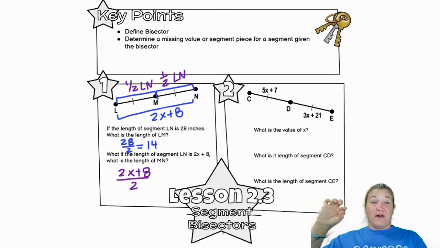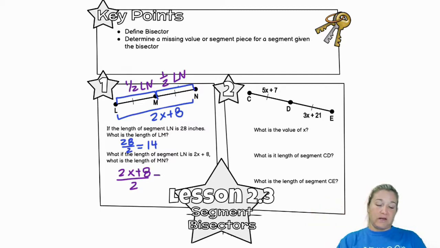That means I'm going to divide the 2x by 2 and the 8 by 2, so both pieces get divided by 2. And so you end up with x, 1x, plus 8 divided by 2 makes 4. So each piece would be x plus 4 in length. I do that so you can manipulate these in the way that you want to solve them.